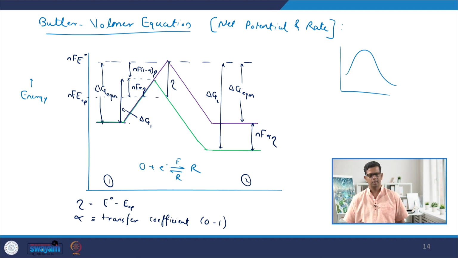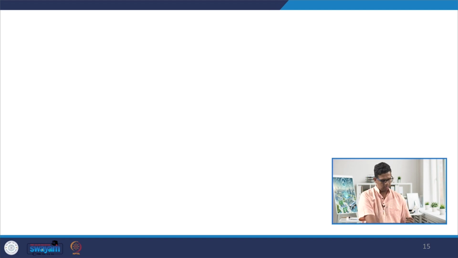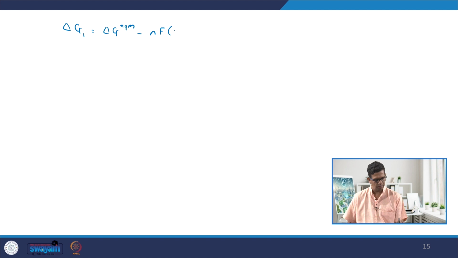So now we want to understand what is the net current flowing in the system once the system is diverted by a factor of eta. So let us go ahead. We know our delta G1 is delta G equilibrium minus nF(1 minus alpha)eta, and our delta G2 is delta G equilibrium plus nF alpha eta.